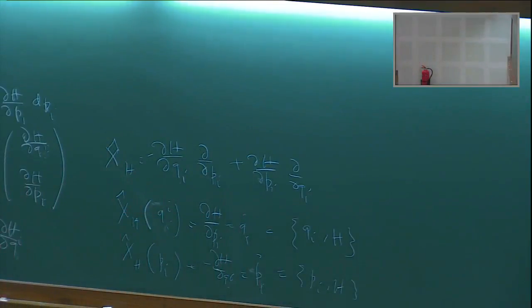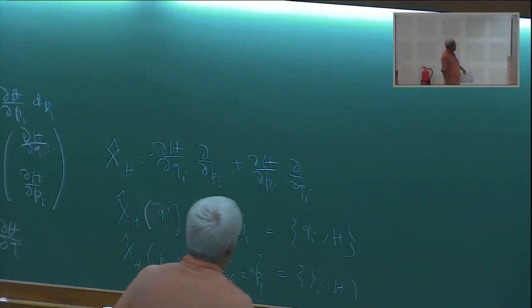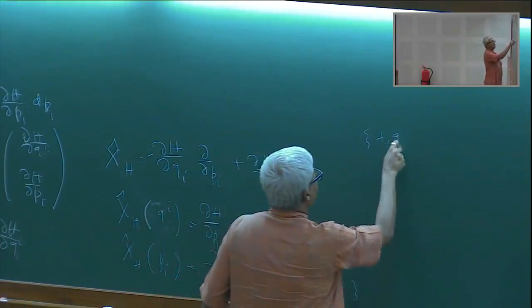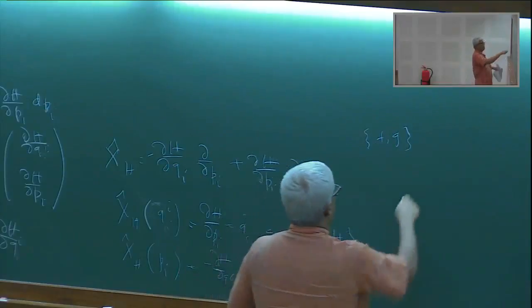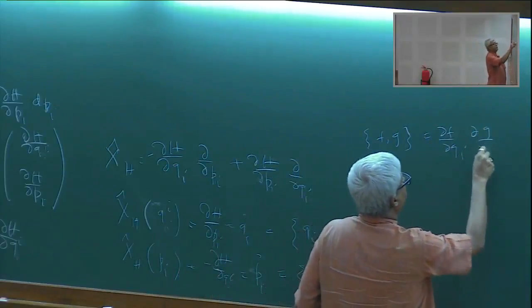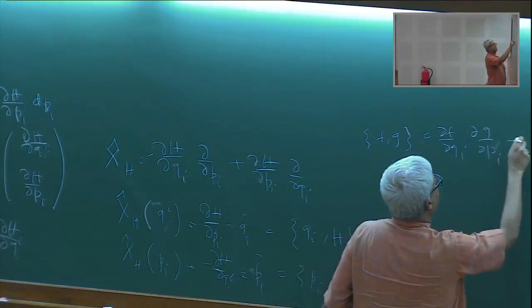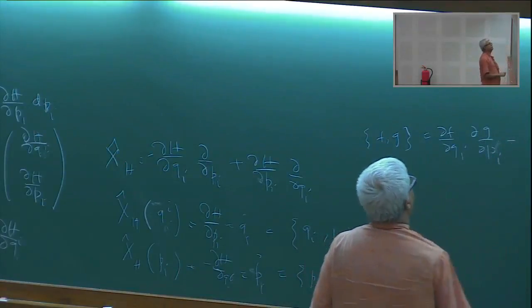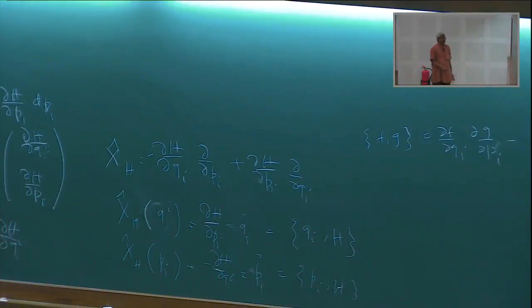And the Poisson bracket, if you have f and g, is equal to del f del q_i del g del p_i minus the opposite side. That means del g del q_i and del f del p_i.